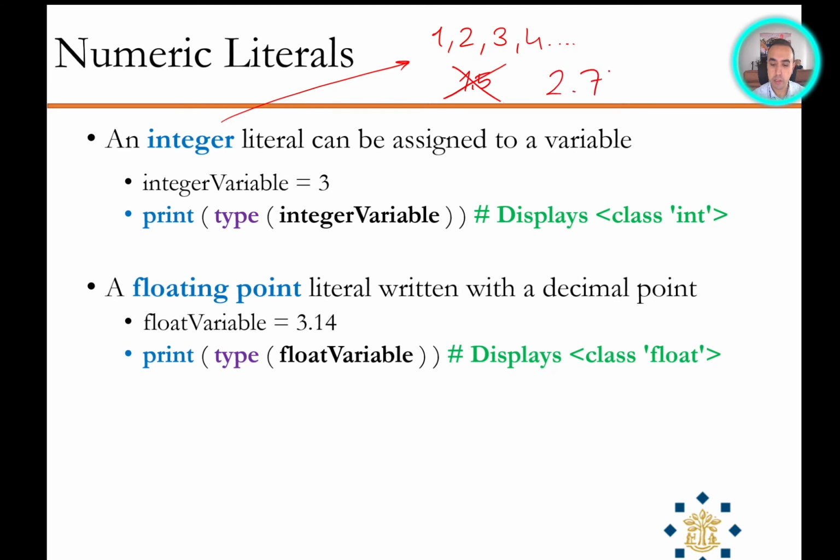Or like 2.75, that's again not an integer. 3.14159, pi, is not an integer. It has to be a whole number, right? For instance, here 3 is an integer. And if you actually print the type of the integer variable, what you'll see is that it is a class of int. Means that it is an integer variable.